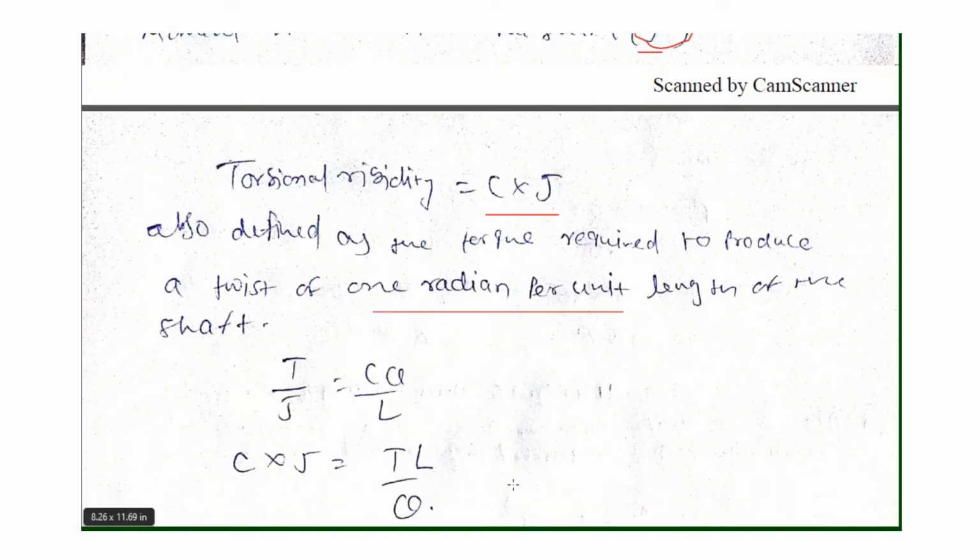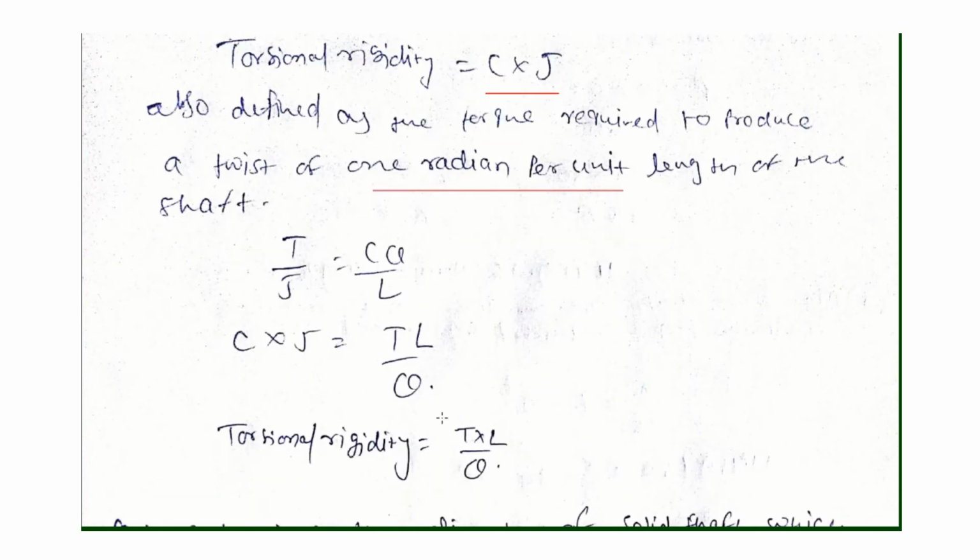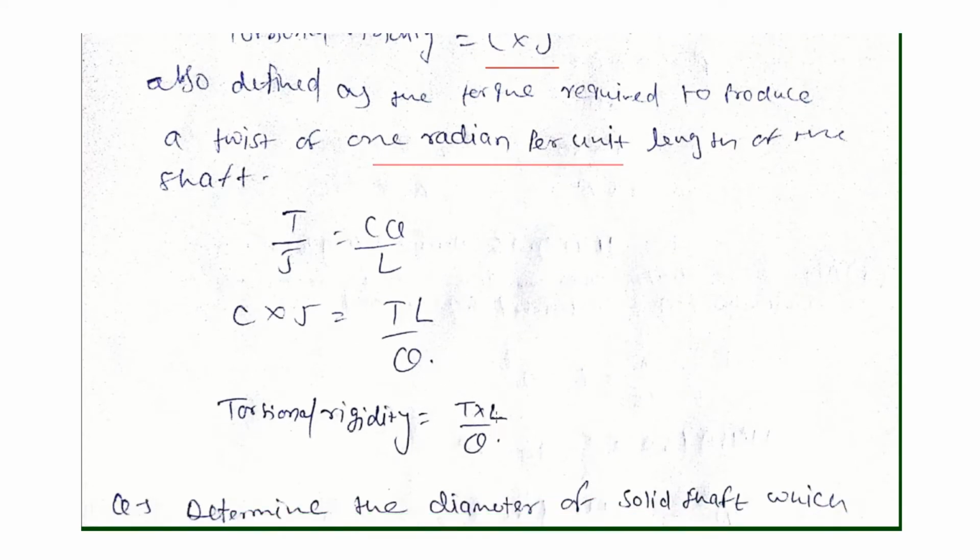So C J equals to T L by theta. So torsional rigidity T into L by theta, for the unit radian theta equals to 1 and unit length L equals to 1. So torsional rigidity is torque required for unit rotation and per unit length.